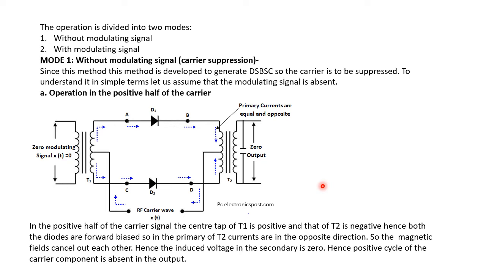But to understand the full operation in easy terms, let us first consider what happens when we are applying only the carrier wave across the two center tappings of the transformer T1 and T2. That is, we are not applying the modulating signal across the primary of the transformer T1. This is only for understanding the working of the modulator.